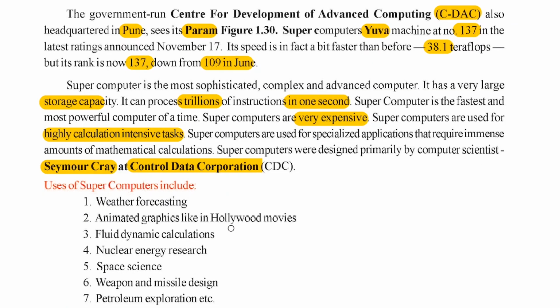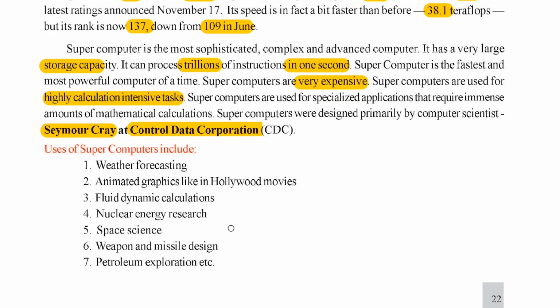Let us learn something about the uses of supercomputers. When you see the applications, you'll understand the complexity, and that's why we use supercomputers. For example, weather forecasting. Why can we not use a normal computer for weather processing?